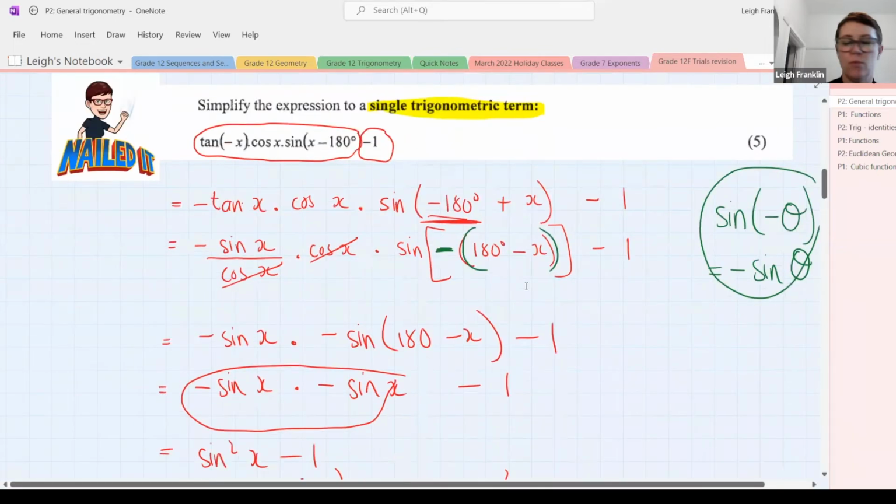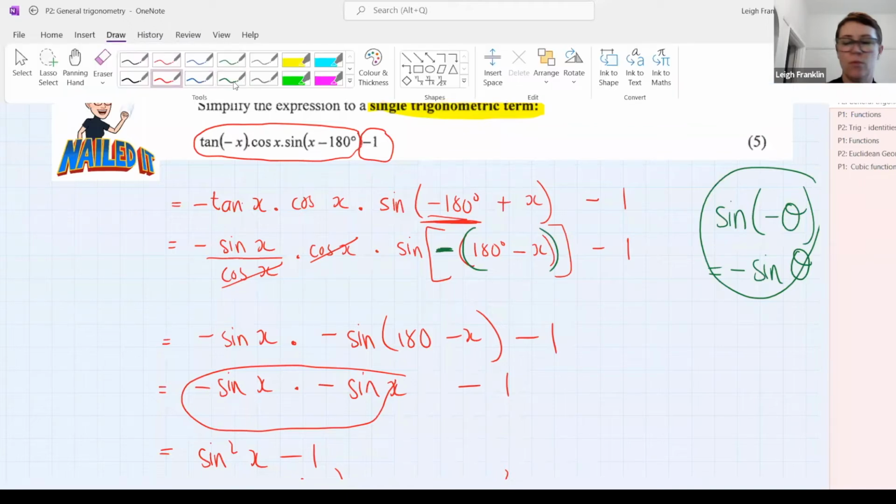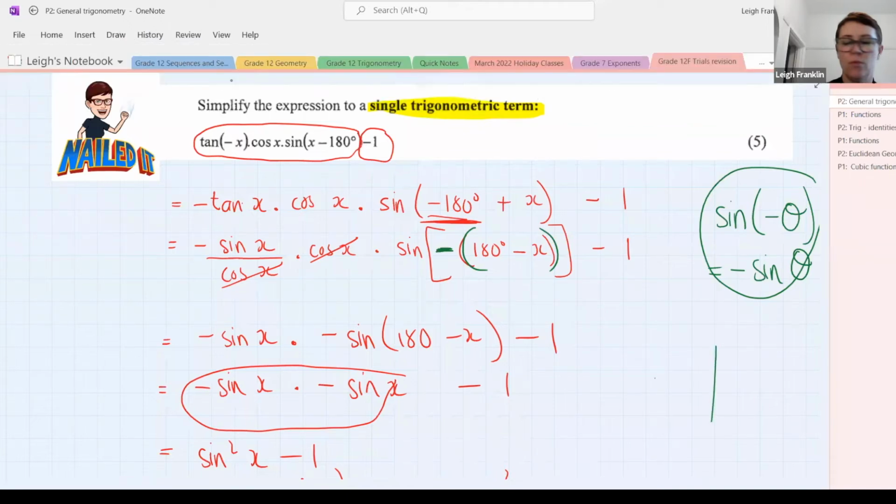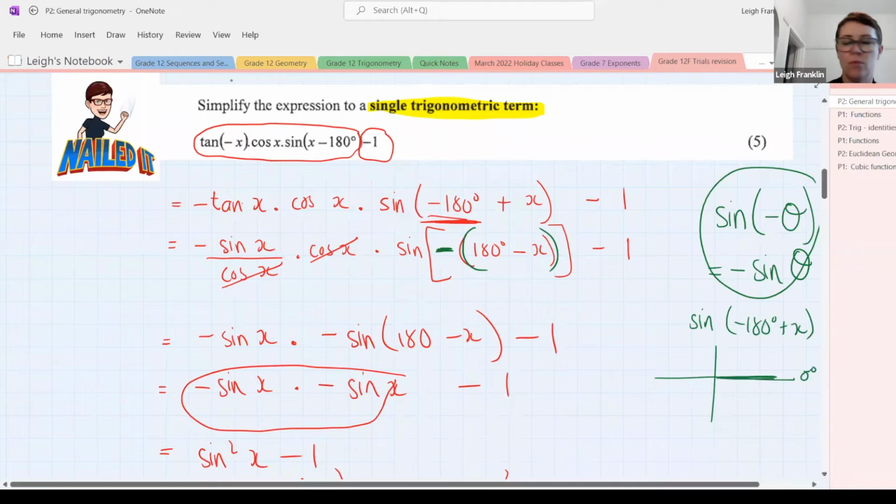The other way you can do it is to work on the Cartesian plane. So here, if you're talking about sine, and then here you've got minus 180 plus x. If we start here at 0 degrees and we go minus 180, that's minus 180 in this direction.